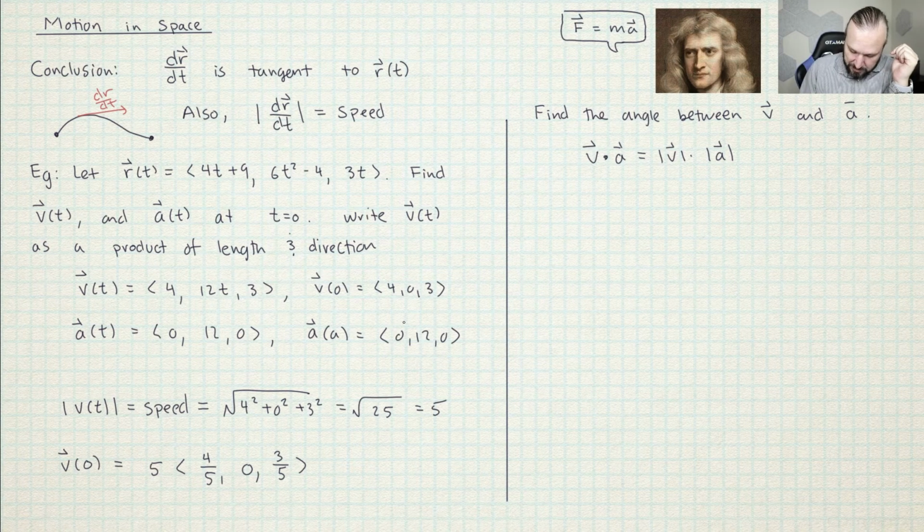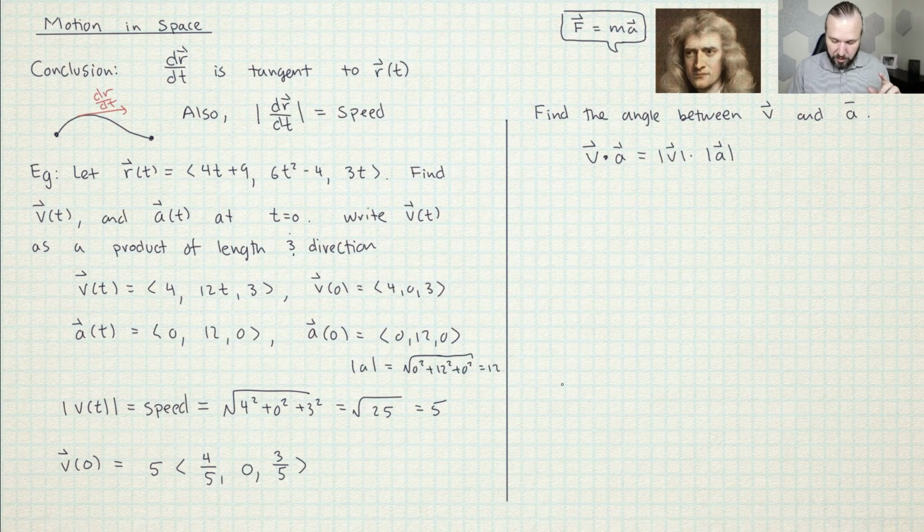You can see that empirically over here: the magnitude of a in this problem is going to be the square root of 0 squared plus 12 squared plus 0 squared, which is 12. So we know that, and then cosine theta. Let's just calculate this dot product, and we should be able to end up with theta pretty quickly.